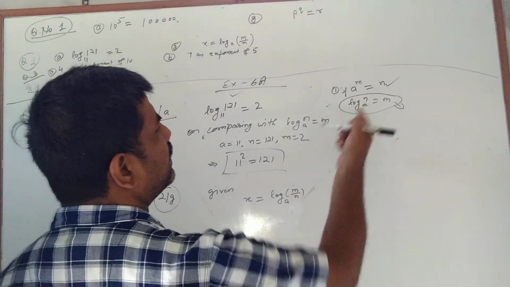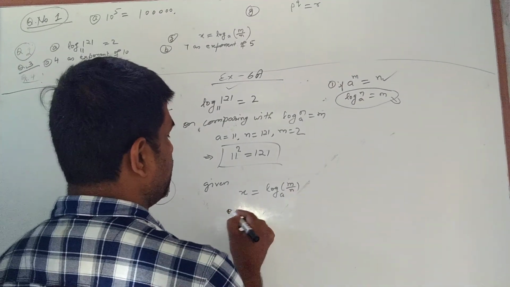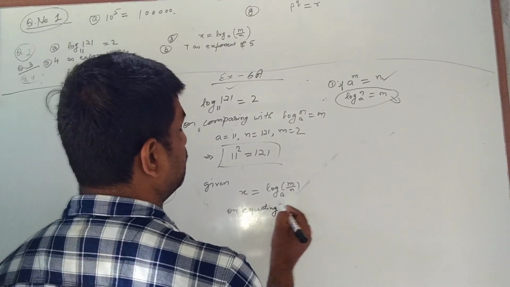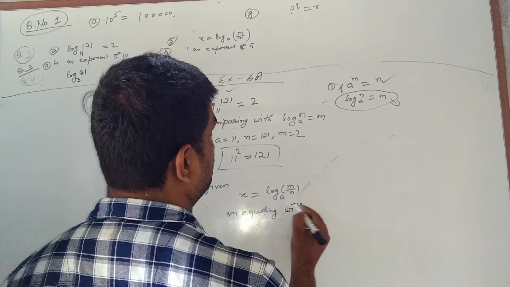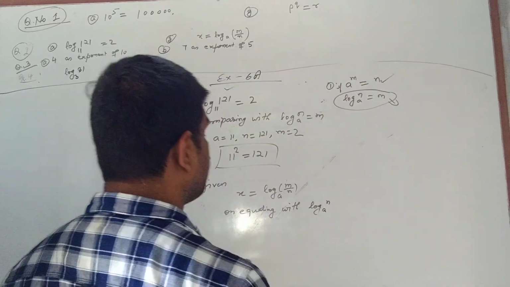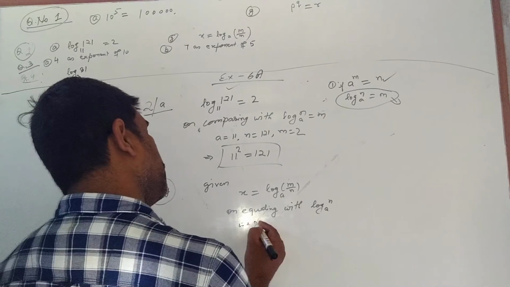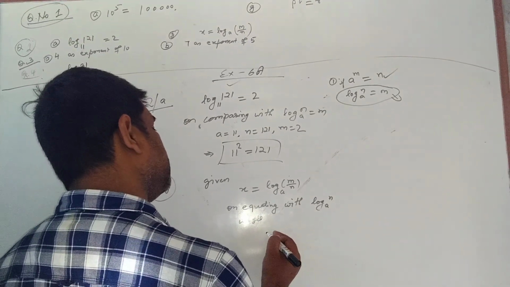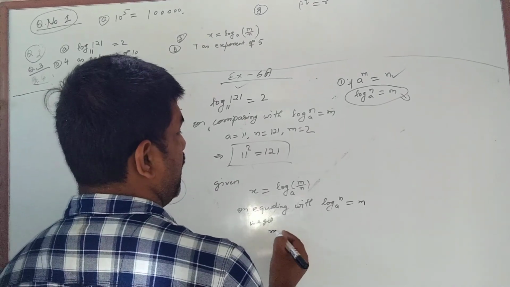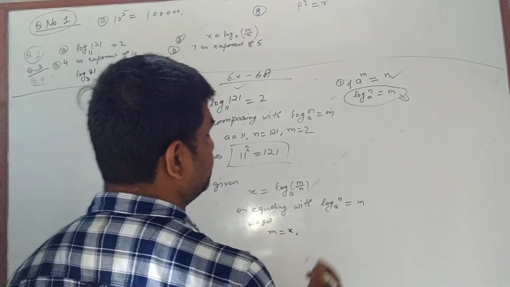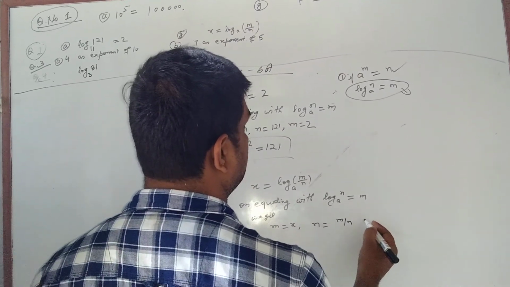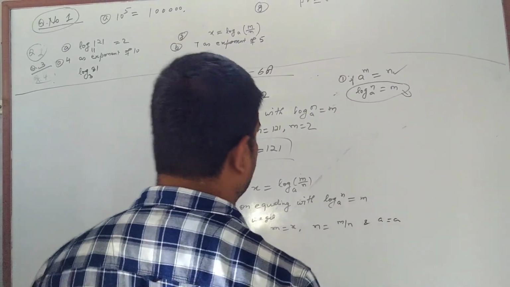Again, on comparing with log n base a, we get m equal to x, n equals m by n, and a equals a itself.